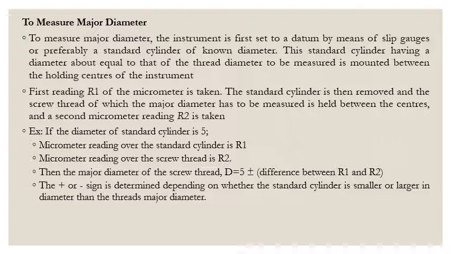The plus or minus sign is determined depending on whether the standard cylinder is smaller or larger in diameter than the thread's major diameter.